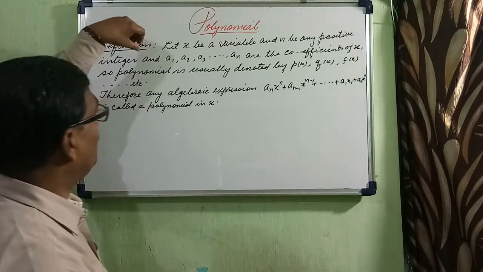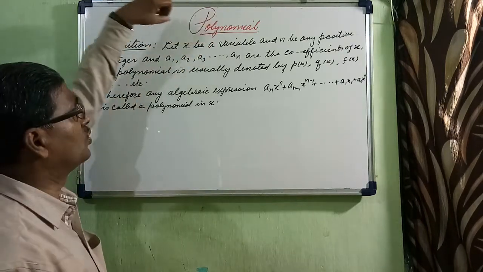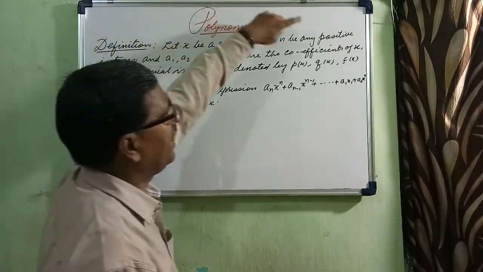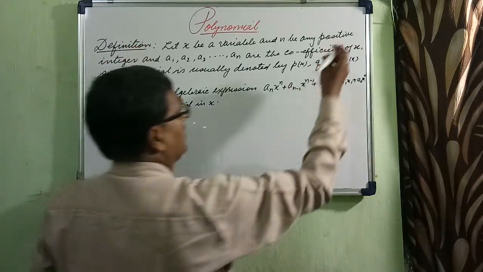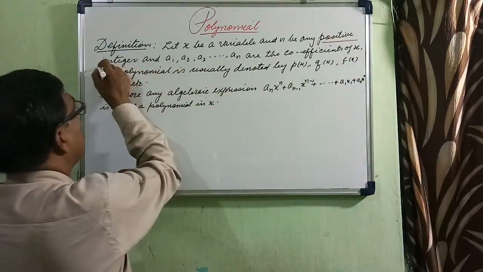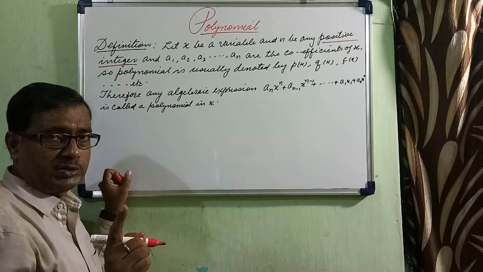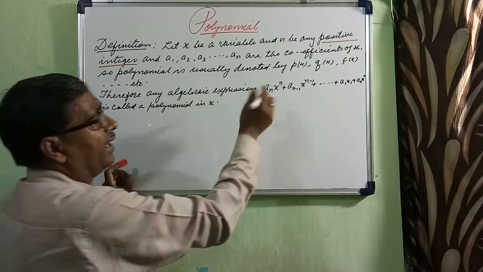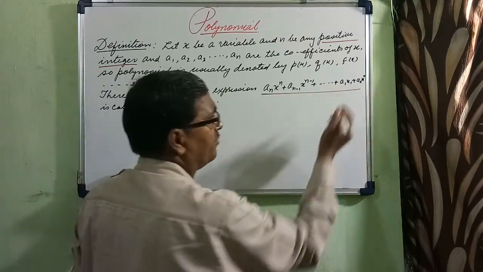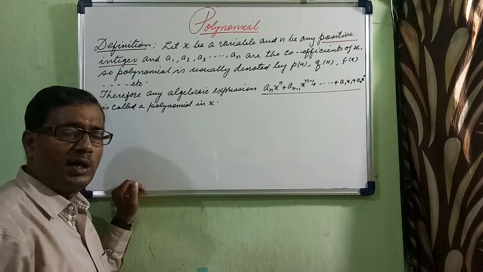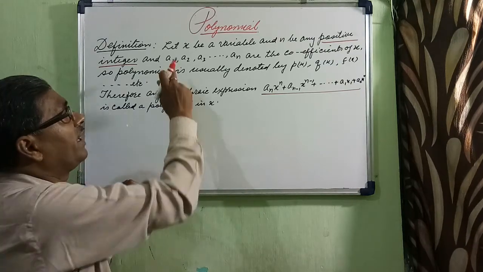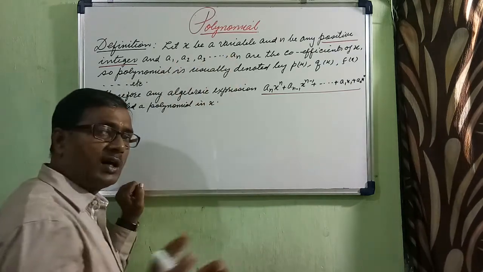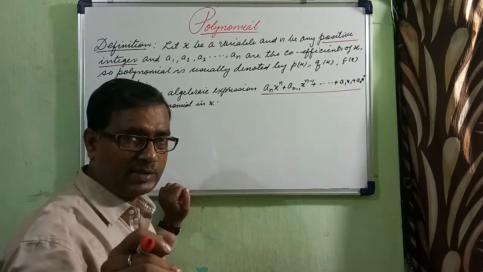So we have defined it in a different way also: if x is a variable and n is any positive integer, that is very important to note, then any algebraic expression of the form is called a polynomial, where a1, a2, a3 are the coefficients of the variable x.